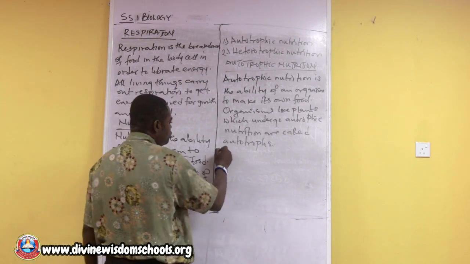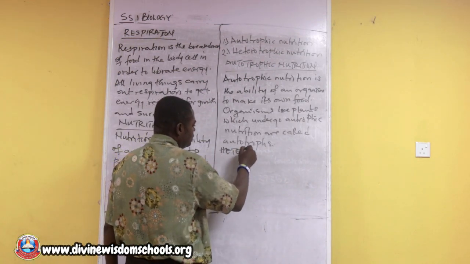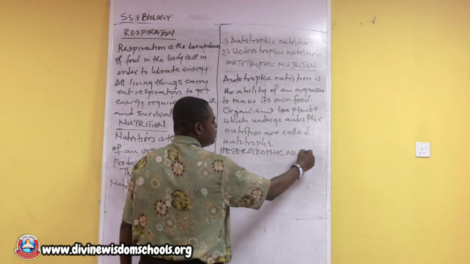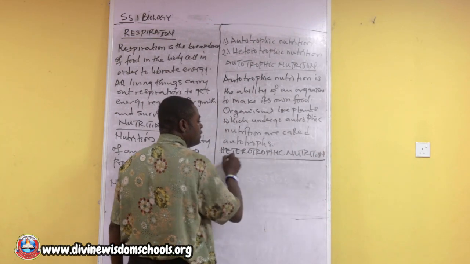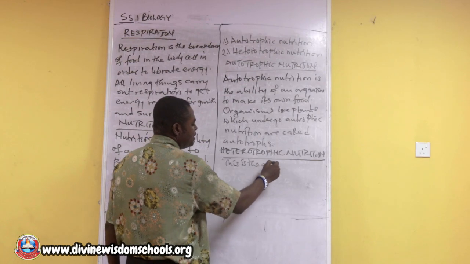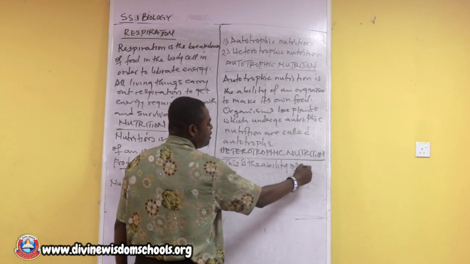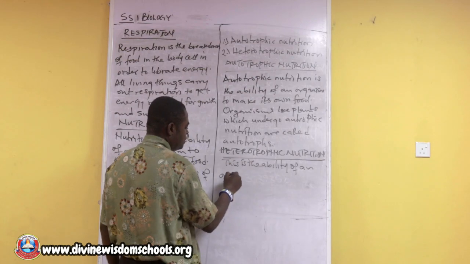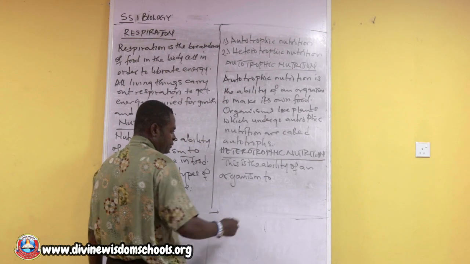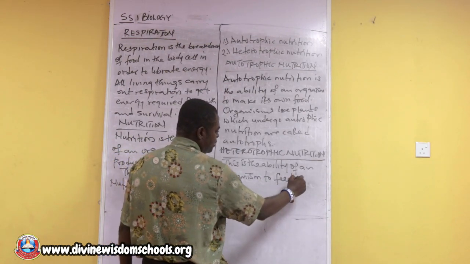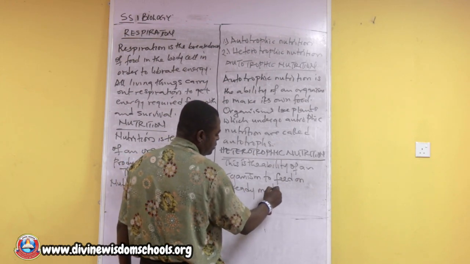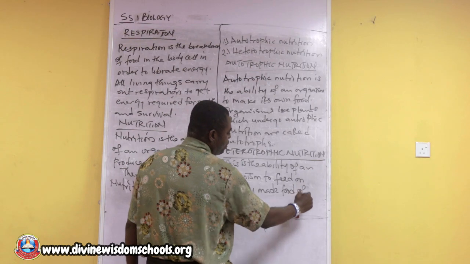Then the next one is heterotrophic nutrition. This is the ability of an organism to depend or to feed on already made food of other organisms.